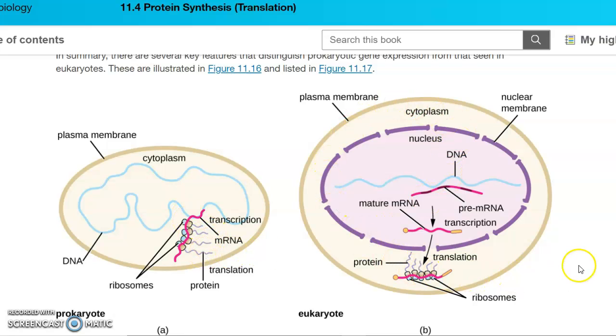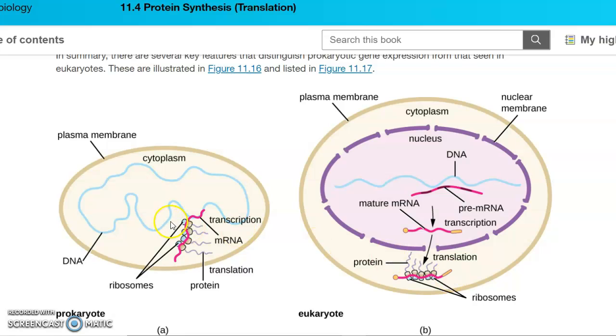But in eukaryotes, because we have the nuclear membrane, the RNA is going to be made in the nucleus, and then we have to package it to protect it from being degraded. Then it will exit the nucleus, go out into the cytoplasm, and that's where the translation process occurs.